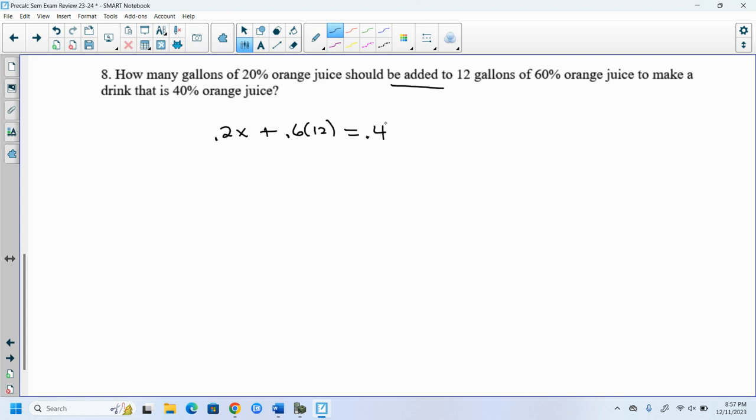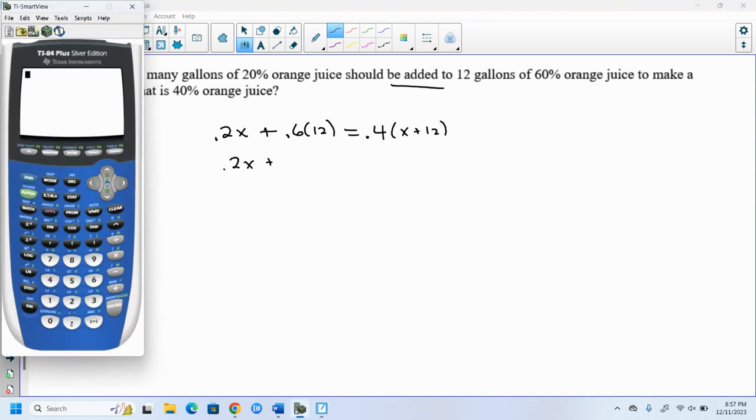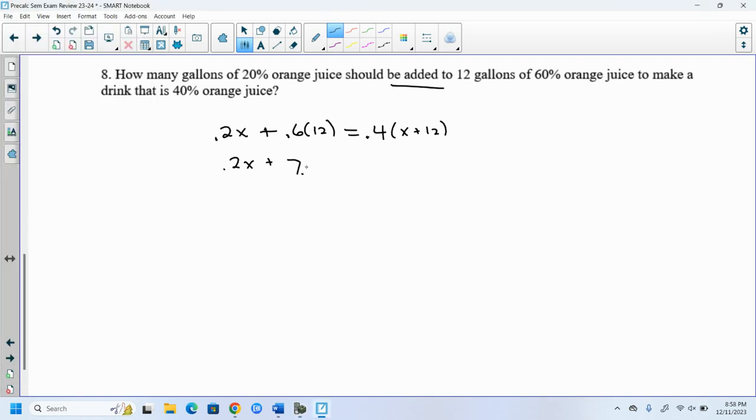To make a drink that is 40% orange juice. So we want this to be 40%. Well, what you are doing is you are adding x to 12 gallons of 60%. And so you have got to make this x plus 12 here. And so I get 0.2x plus 0.6 times 12, and I get 7.2 equals 0.4x plus, and now 0.4 times 12 will be 4.8.